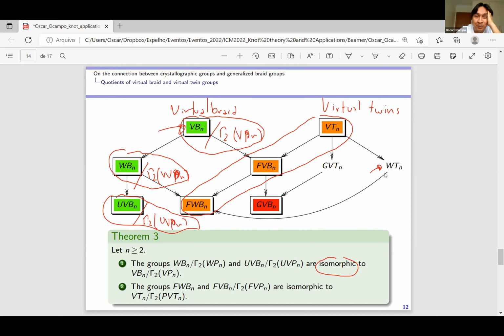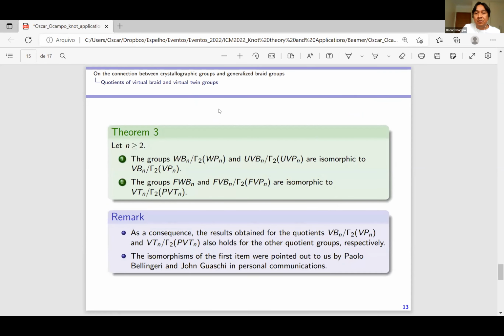Okay, so the problem here, Neha, is the following. Consider you have not the virtual part, but just the twin short exact sequence. So you have here the pure twin group, also called planar braid groups. And this group is very difficult to understand in the following way. I need some presentation.